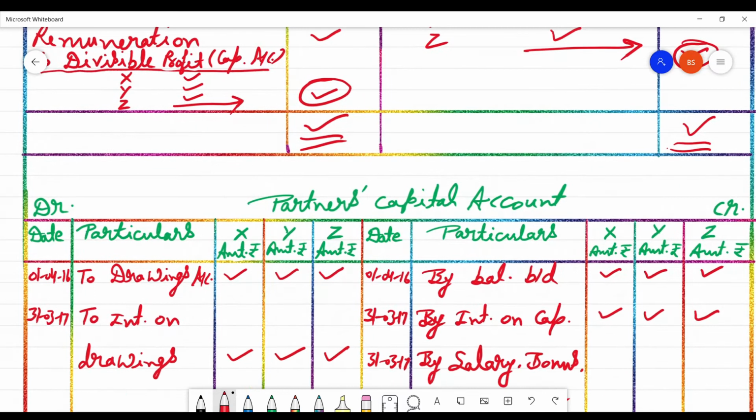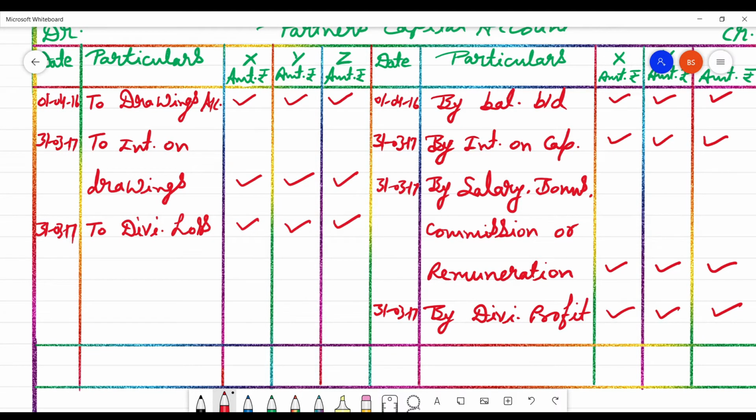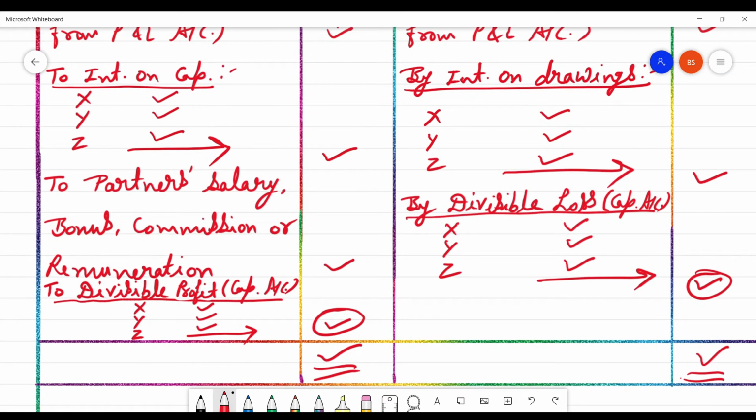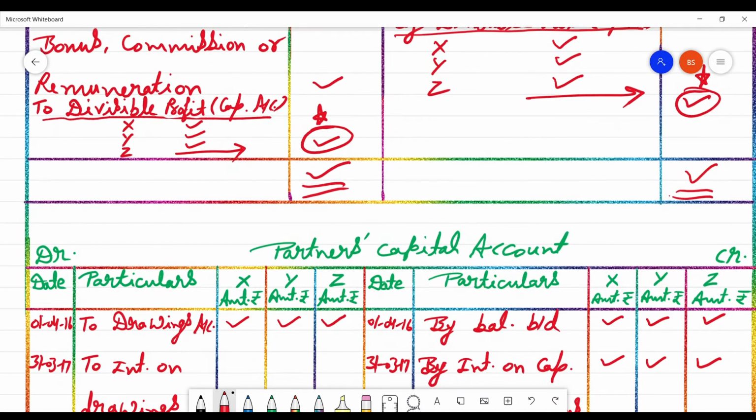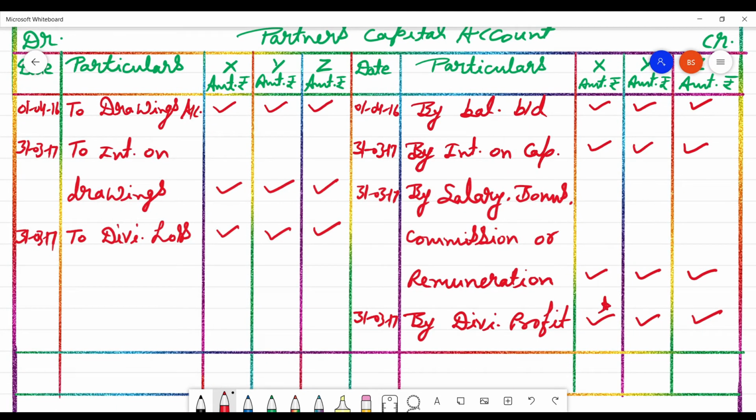And the second entry will be transferred to the partners' capital account debit side on the last date, "To divisible loss". There will be either divisible profit or divisible loss. Both cannot come at the same time. So I have put stars for that.